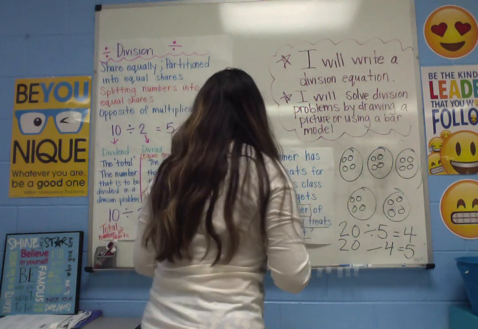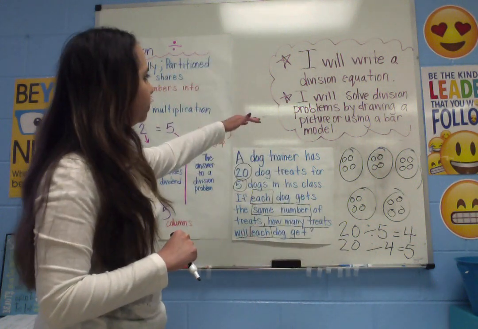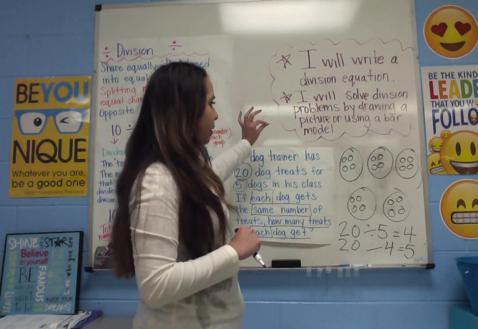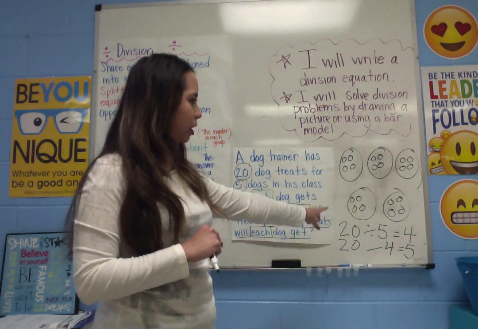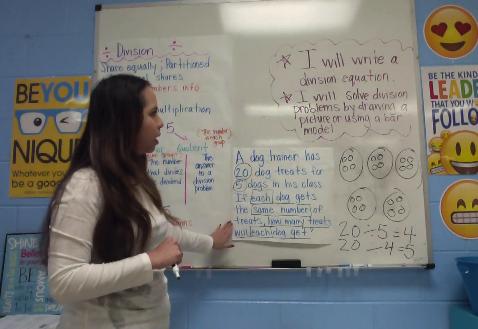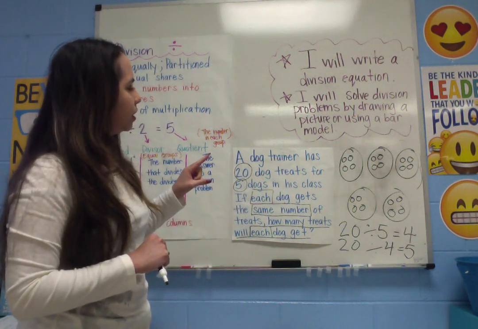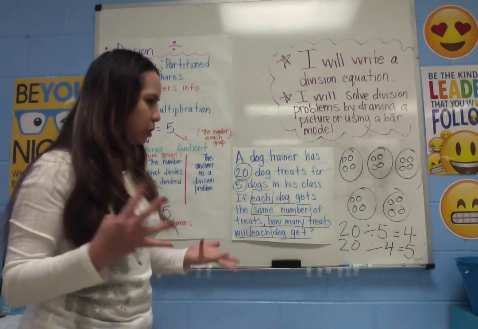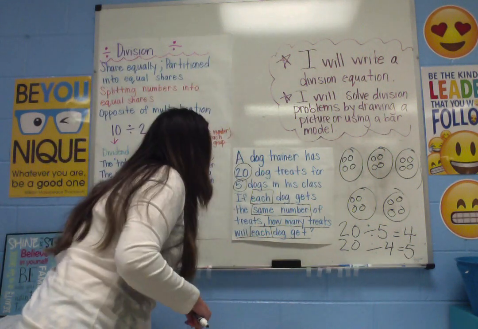All right, now, as you can see in our second objective, it did say I will solve division problems by drawing a picture. I just showed you how to draw a picture that represents this word problem. But notice in the objective it says, or use a bar model. Well, let me show you what a bar model would look like.